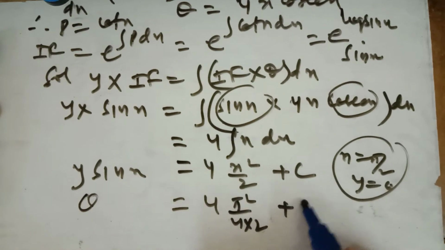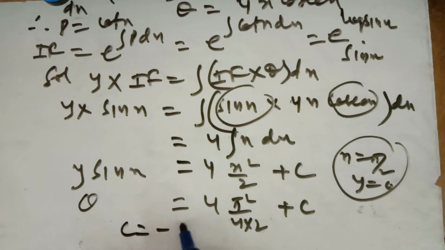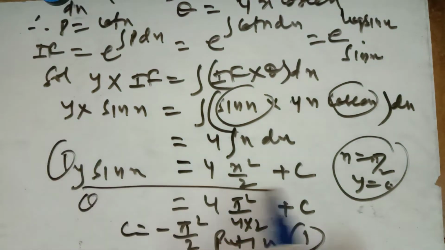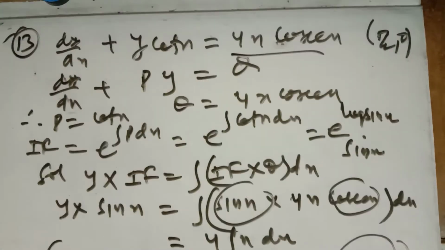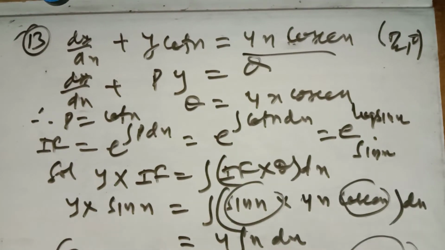So you are getting c is equal to minus pi square upon 2. You put this value in equation number 1. Here you will get the particular solution of this differential equation. So this is the question number 13 of this miscellaneous exercise.